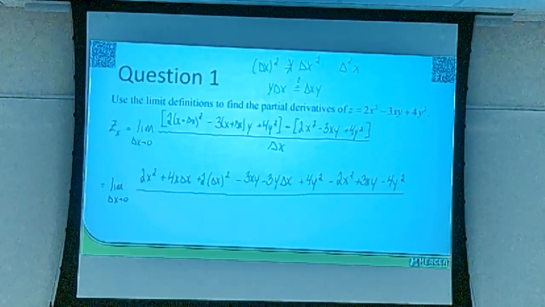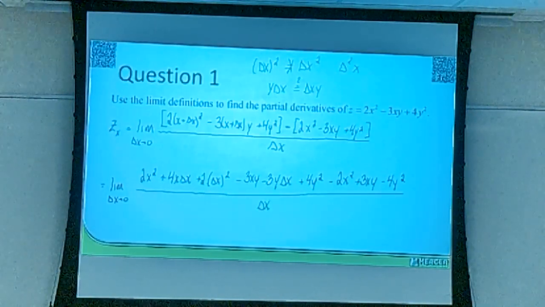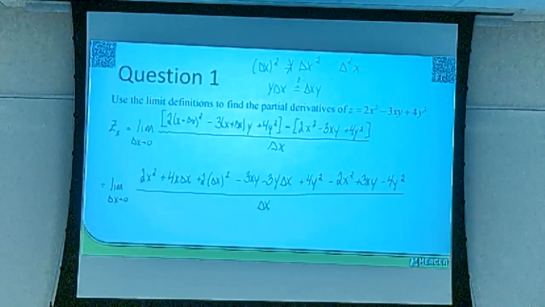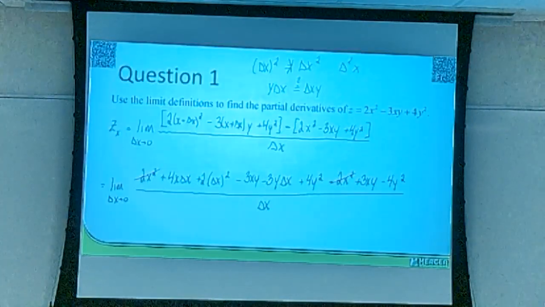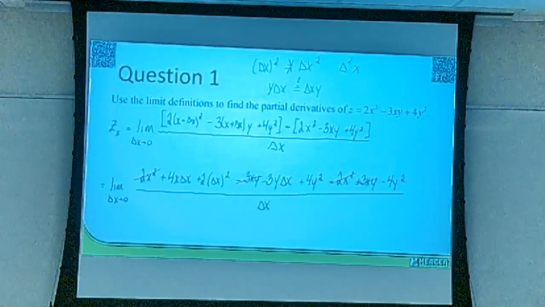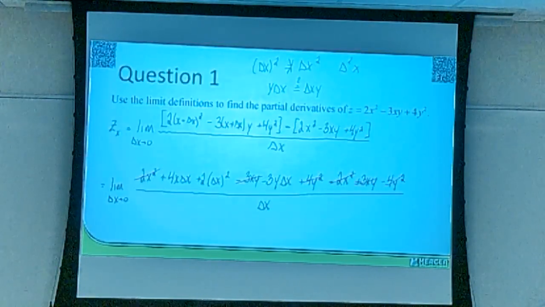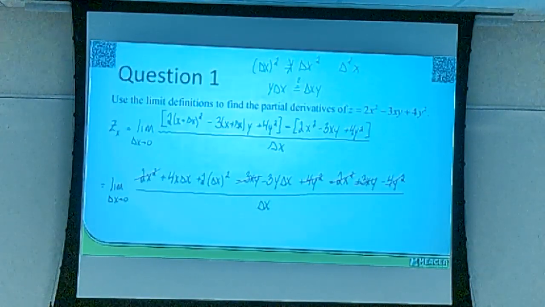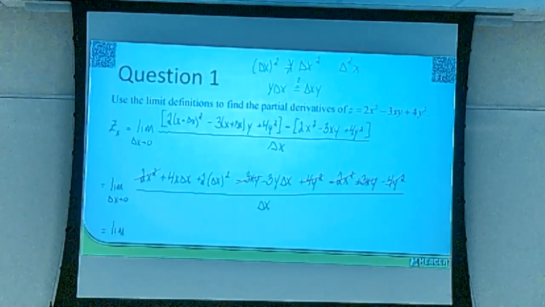It's not much physics. We have 2x squared minus 2x squared, a minus 3xy, a plus 3xy, plus 4y squared minus 4y squared. So are you always going to do just the terms with delta x? You should, because the other terms are being held constant.